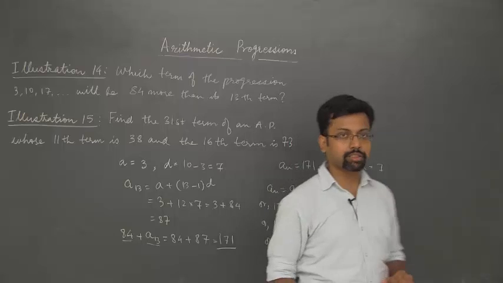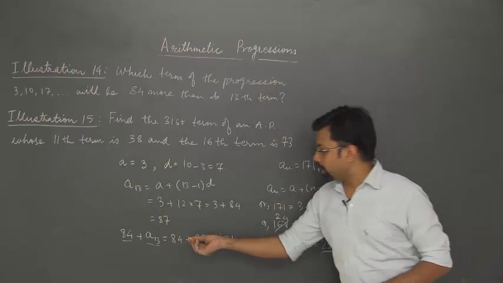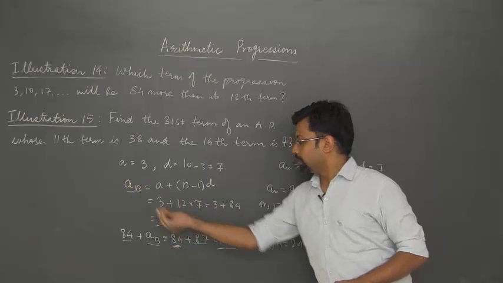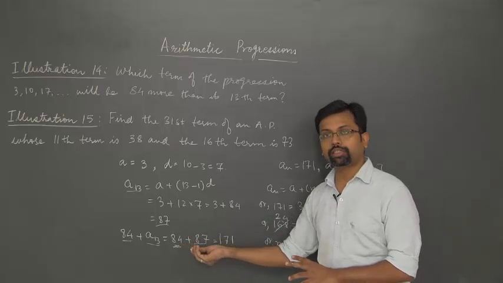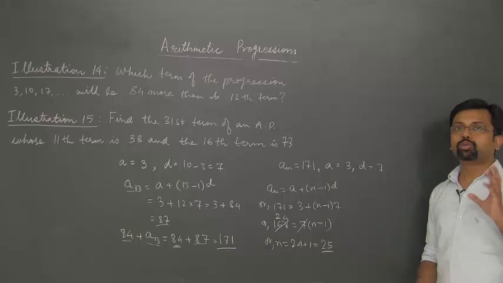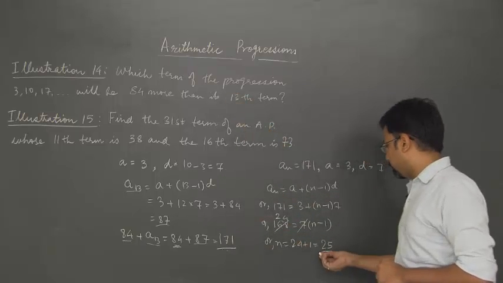And what is asked in this question? It is asked which term of the progression is 84 more than the 13th term. So the 84 more than the 13th term is 171, and 171 turns out to be the 25th term of the progression. Hence the answer would be 25.